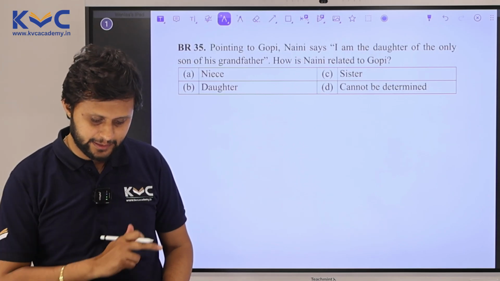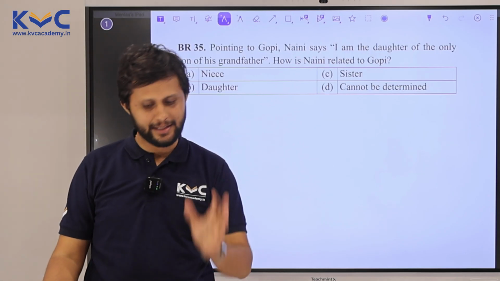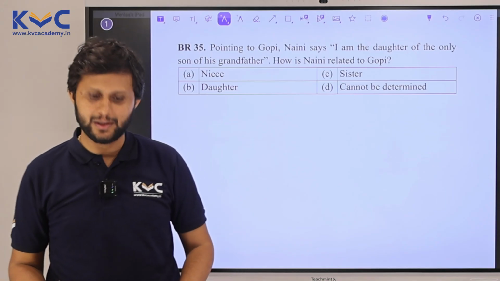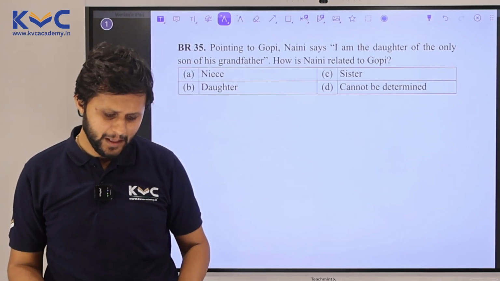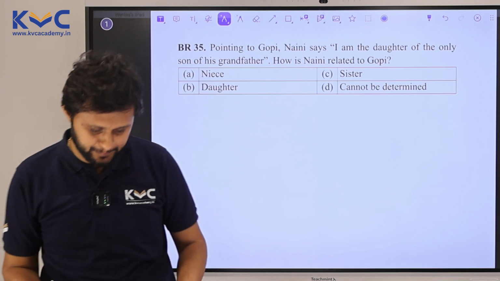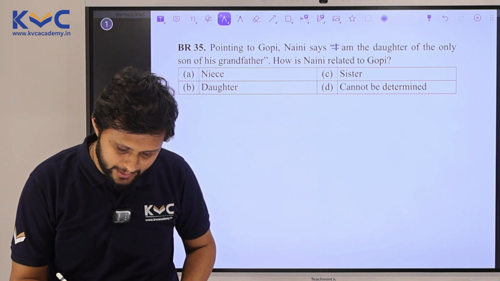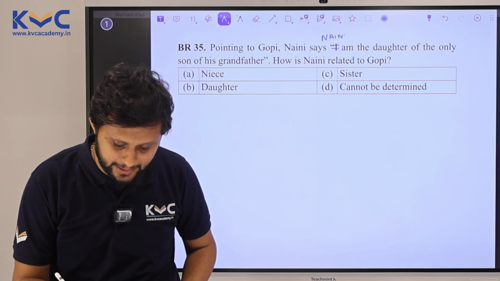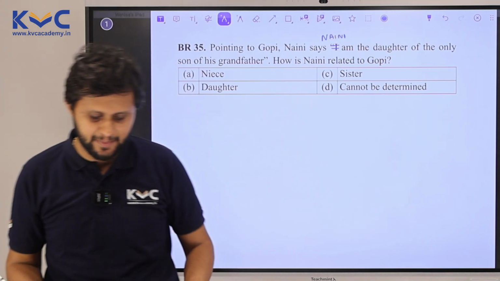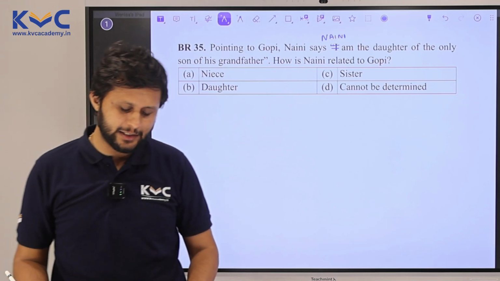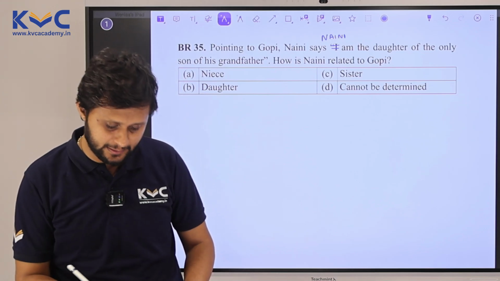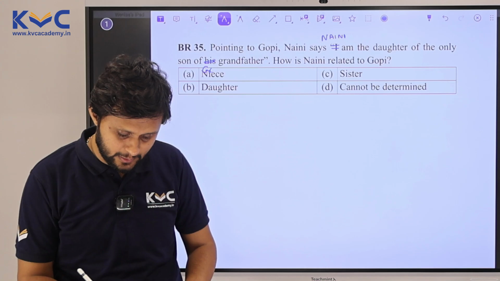Yes, question number 35. Also the last question in this particular unit. Pointing to Gopi, Naini says, I am the daughter of the only son of his grandfather, who is Gopi.